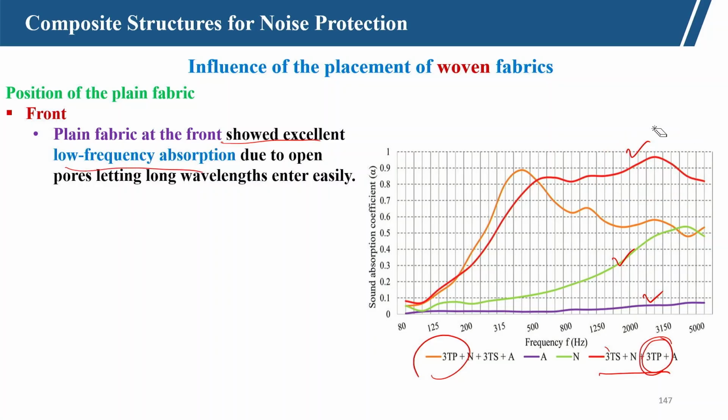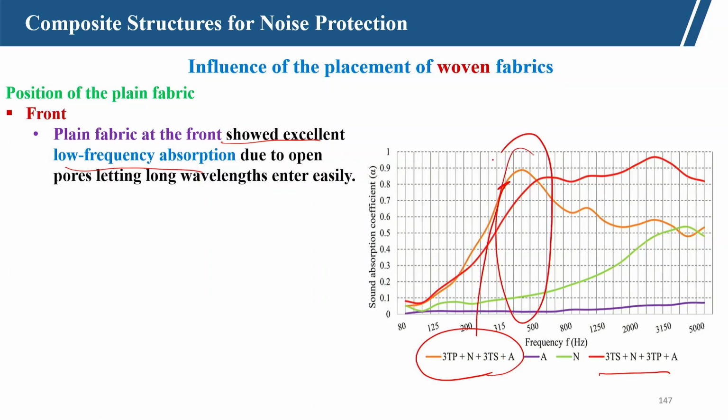So, here if we see this curve, plain at the front is showing very good absorption at low frequency due to the open pores letting the low frequency wave enter easily.